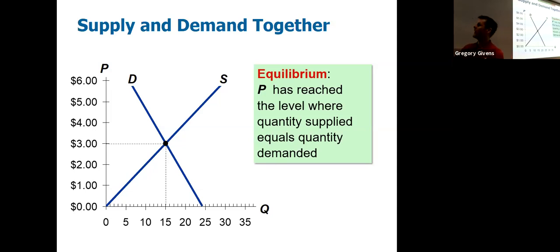So the only way to have more than one intersection point here is if either the demand or the supply curve had the wrong slope over some region here in the quantity space. So we know that we can rule out the possibility of multiple market equilibria because demand is strictly downward sloping and supply is strictly upward sloping because of the laws of supply and demand.